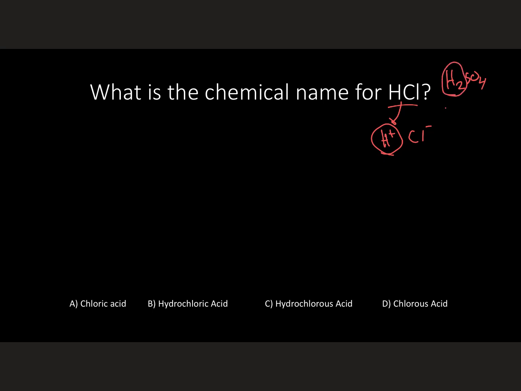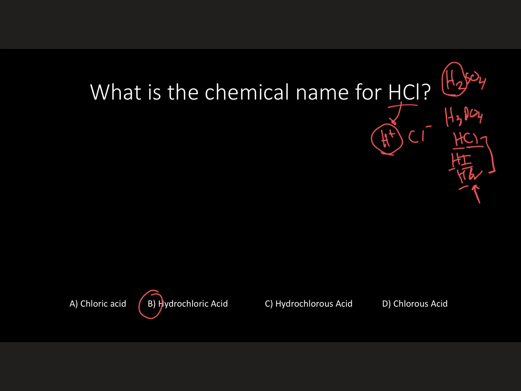Phosphoric, hydrochloric, so HCl, hydroiodic, hydrobromic. That's how we name the binary acids that have a halogen with them. So that one's going to be hydrochloric acid.